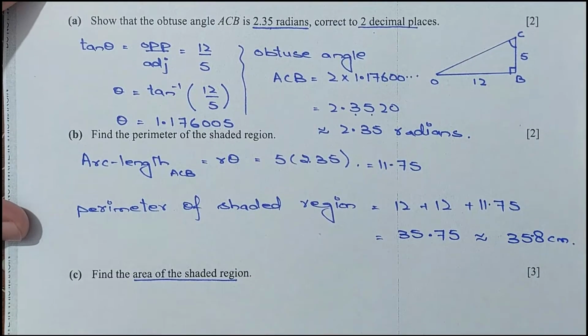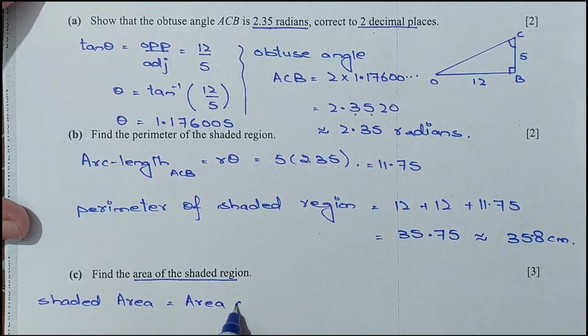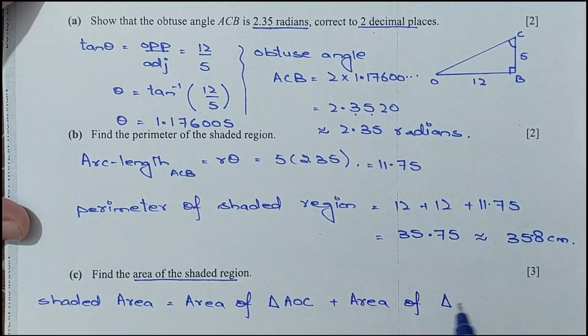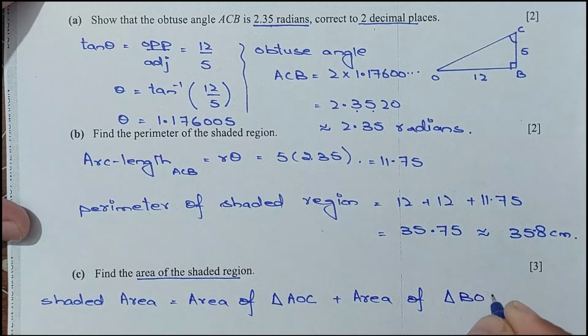So let me write this down. The shaded area is area of triangle AOC plus area of triangle BOC minus area of sector ACB of a circle.